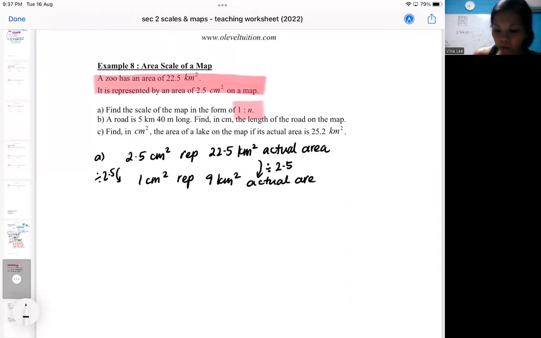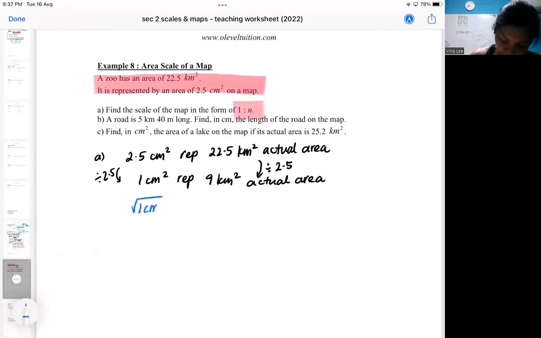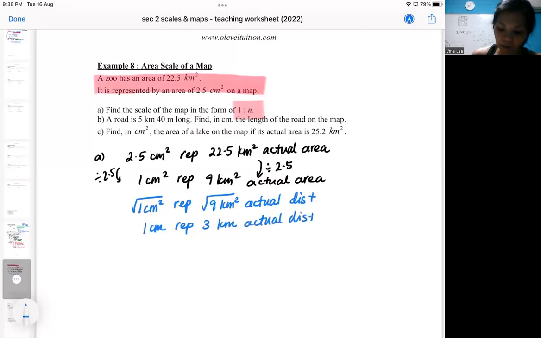I'll always get to 1 centimeter square. Then I will take a square root to get the actual distance. Because if you square root 1, it's a 1. If you square root a 9, it's a 3. So now I got the distance.